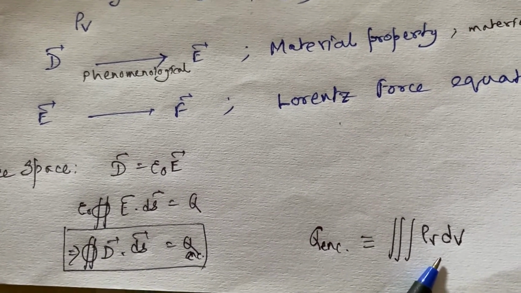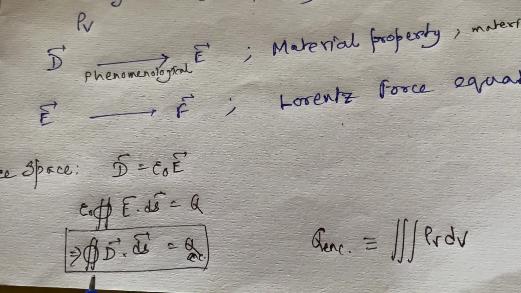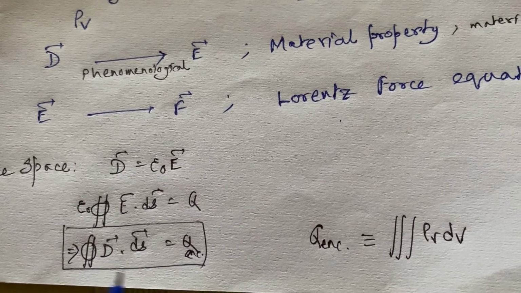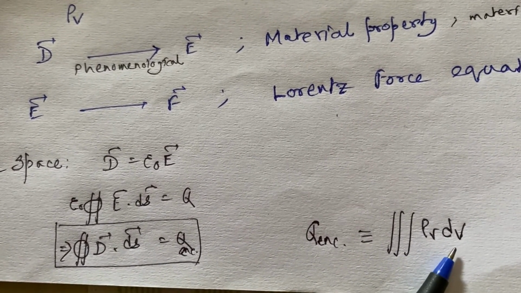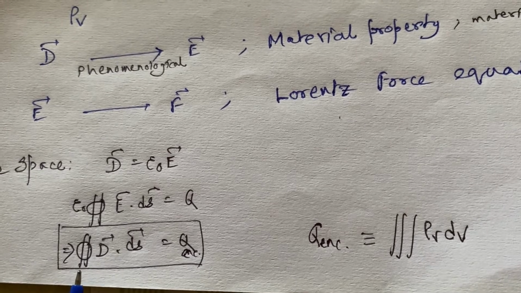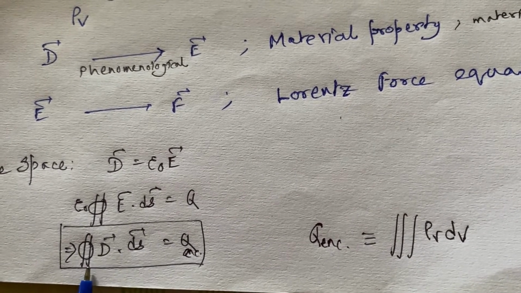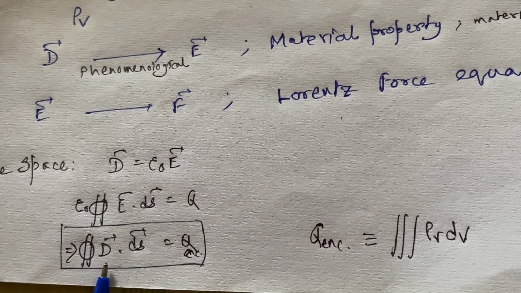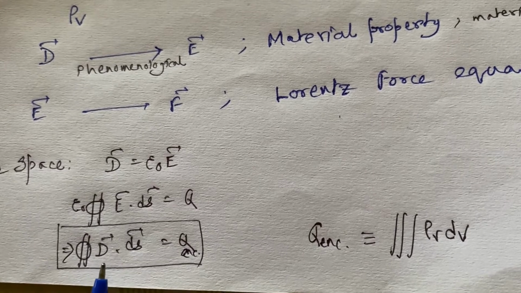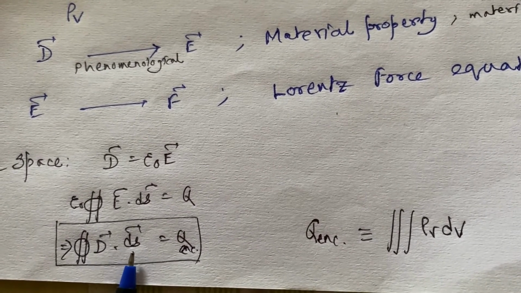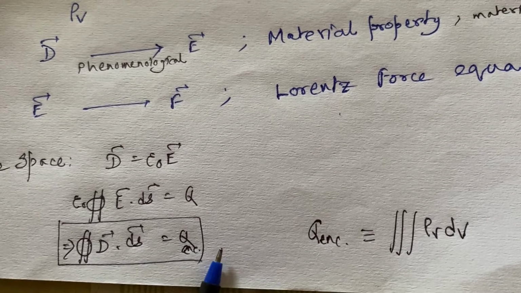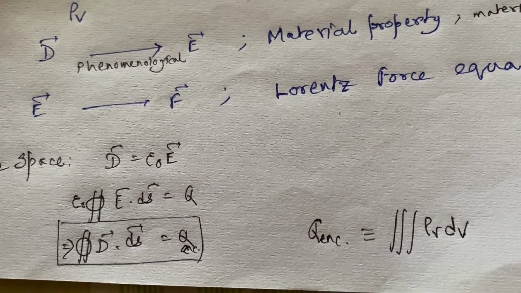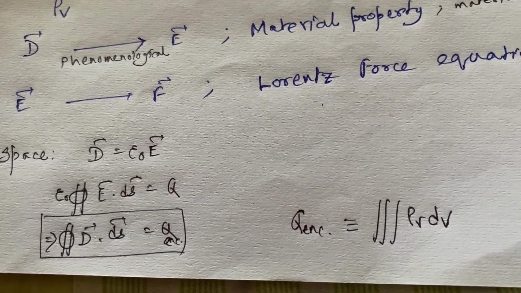So this is the integral form of Gaussian law, because in the left hand side of the equation I have an integration, and the right hand side we also have an integration. In compact form it can be written as the integration over the closed surface of this electric flux density, taken over this dS surface, and this is equal to Q enclosed, equal to this volume charge integration.